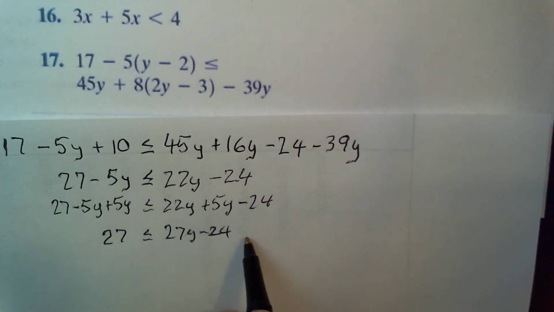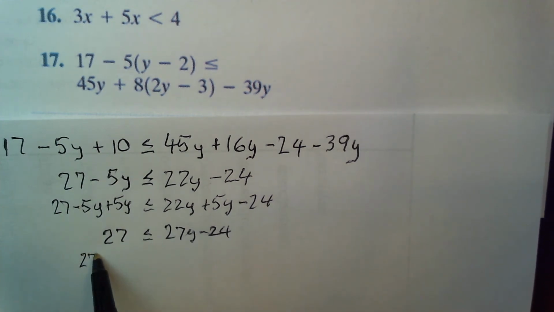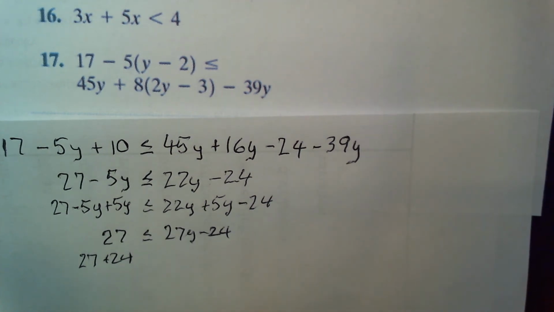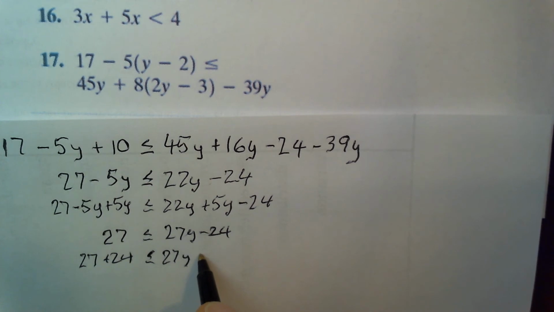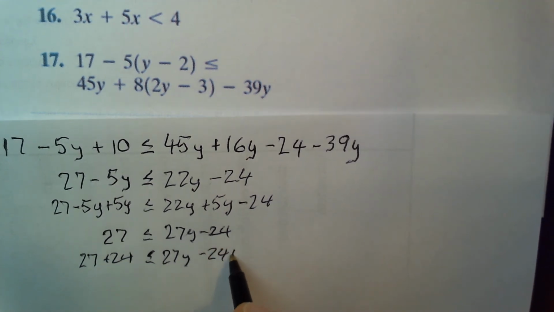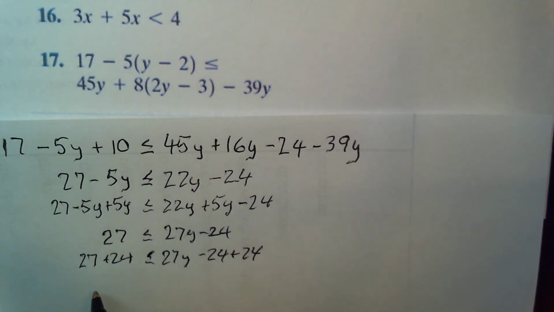So we add 24 to both sides, 27 plus 24, less than or equal to 27y minus 24 plus 24. So that gives us 51 less than or equal to 27y.